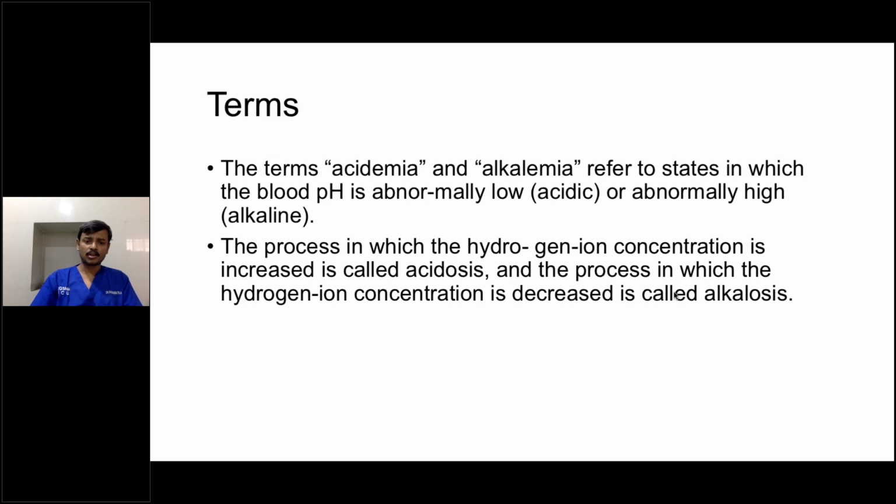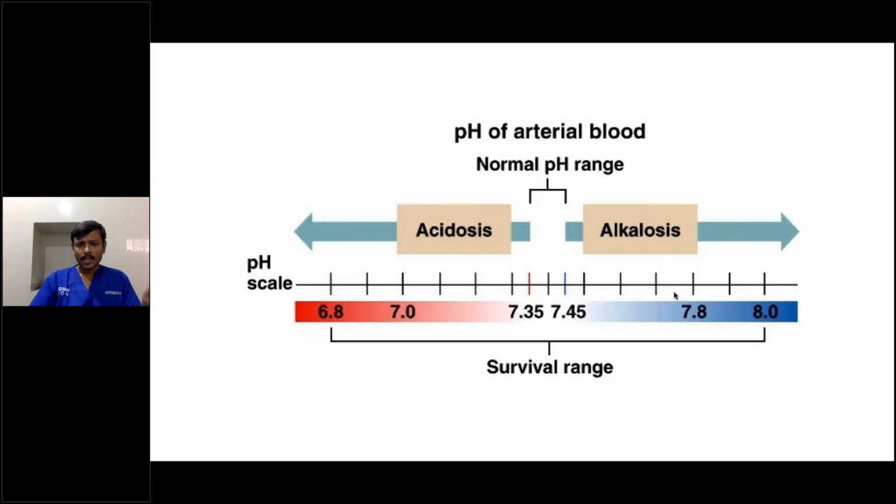The process where hydrogen concentration is decreasing is called alkalosis. So the blood state is called acidemia or alkalemia, and the process or disorder is called acidosis or alkalosis. The normal pH is 7.35 to 7.45, but the survival range can go from 6.8 to 8.0. Less than 7.40 we call acidosis, and more than 7.40 we call alkalosis.